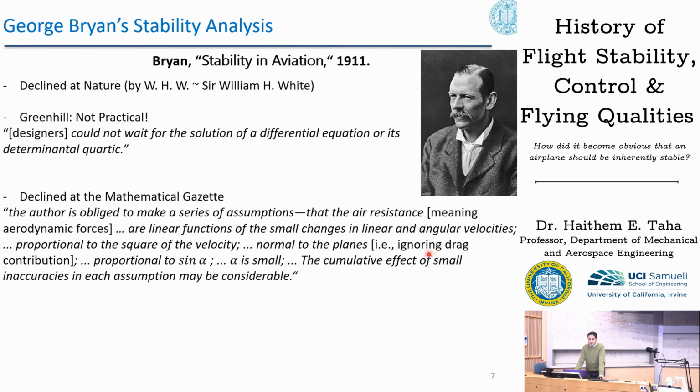They are normal to the planes, meaning he's ignoring drag contribution and focusing on lift contribution only. Proportional to sine alpha, and taking alpha as small. And then the reviewer concluded, I don't know the reviewer, maybe she, the cumulative effect of small inaccuracies in each assumption may be considerable.